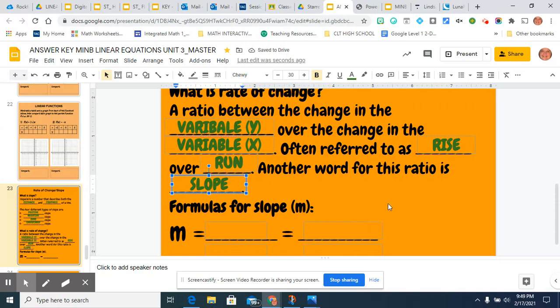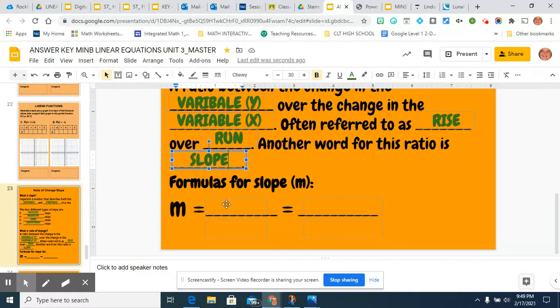So there's a couple ways that we can calculate slope. So slope, remember we designate that with the variable m. We call that rise over run. And usually that's how we're going to define it when we're looking at a graph.